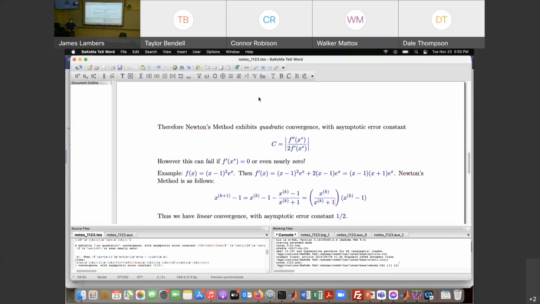I was zoned out. What other root finding method? It is bisection. Yeah, because the size of the interval we're searching is being cut down each time.